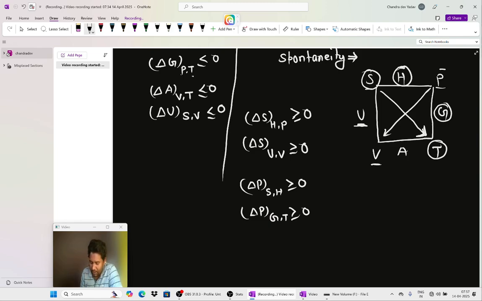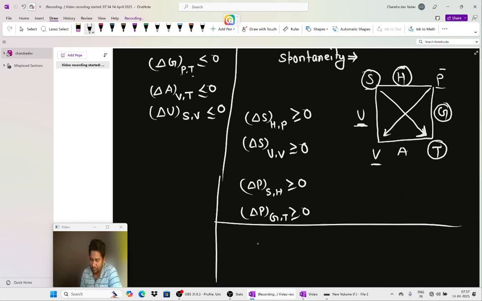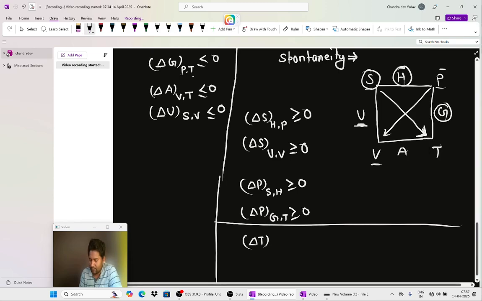Now we can write the spontaneity according to temperature and volume also. Temperature change at constant pressure and Gibbs free energy, less than 0, meaning negative or equal to 0, for spontaneity.